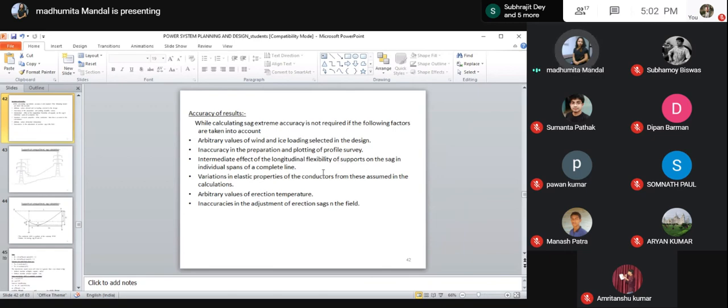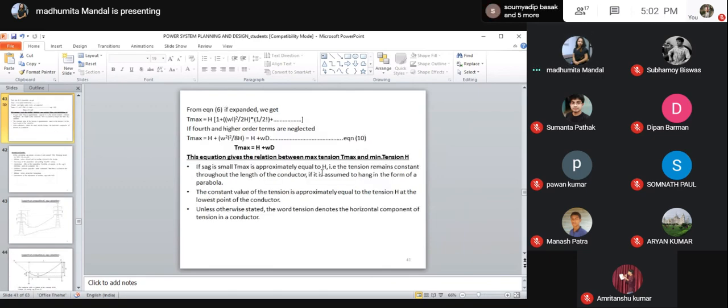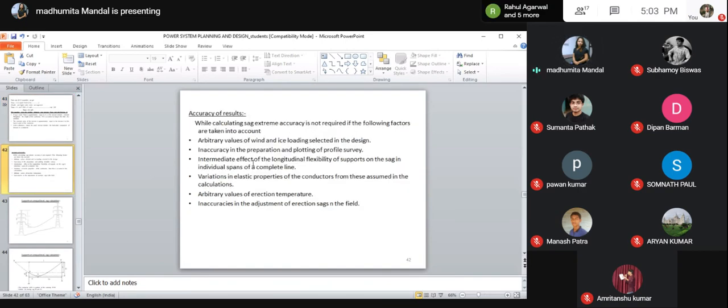So the approximations that were done for calculating sag and tension will give accurate results only if we consider ice loading, wind loading, and also the profile survey, that is different heights of the tower, etc. Okay, and also the temperature, because we know that due to temperature the length of the conductor will be different, isn't it?